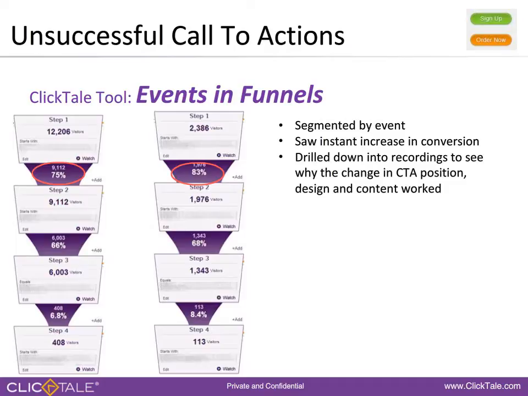By using specific events, what we're doing is customizing any type of image, any type of call to action, any type of content that might be interesting to you in order to look at how people are interacting with this specific element. And that's exactly what this client did over here. They segmented by the button itself, and from there they were able to understand the differences in conversion simply by tagging whatever they would like to be tagged. In this case, it was the CTA button, before moving on.